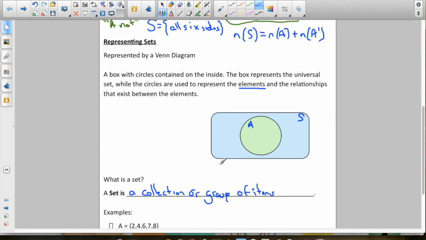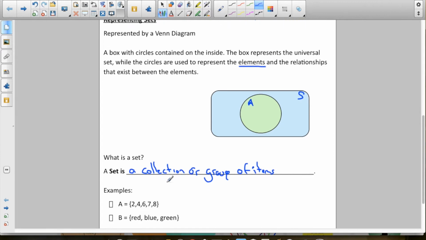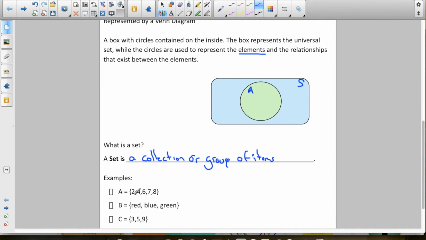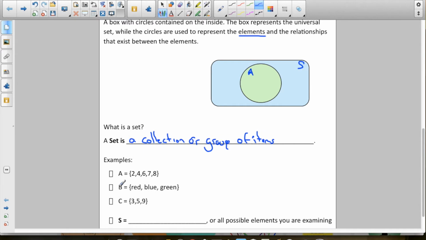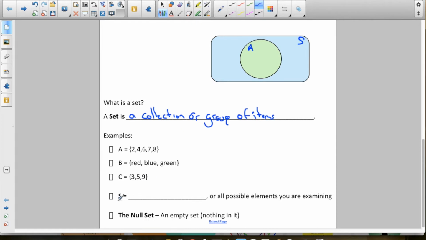So a set can be whatever you want to make them. So for example, you could have set A here be this list of numbers, set B could be these things, and set C could be these things. But one thing that's always used is this S, which is the sample set, or the universal set.